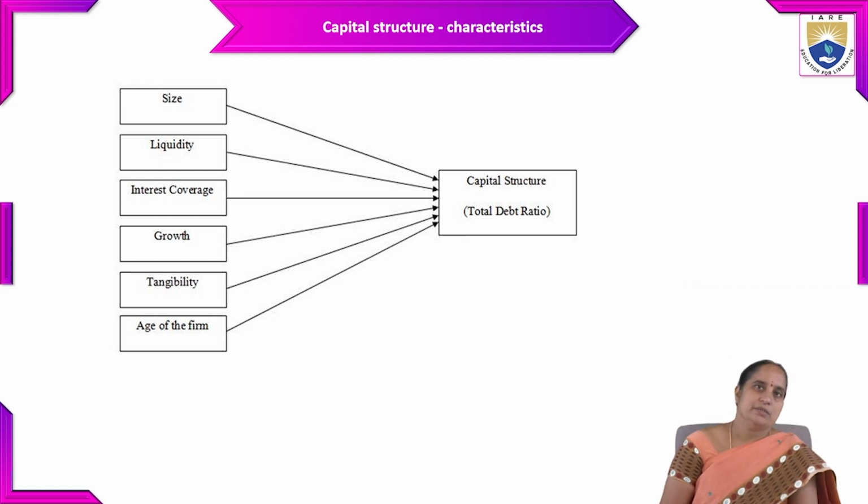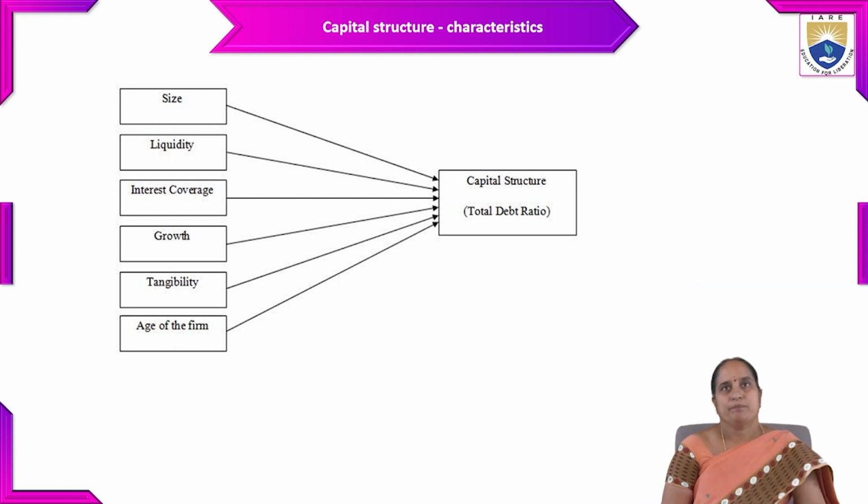And the third one is interest coverage. Interest coverage depends on the creditworthiness of the organization. Based on that, they avail loans from financial institutions and banks. If your creditworthiness is very high, the interest rates are also comparatively lower.